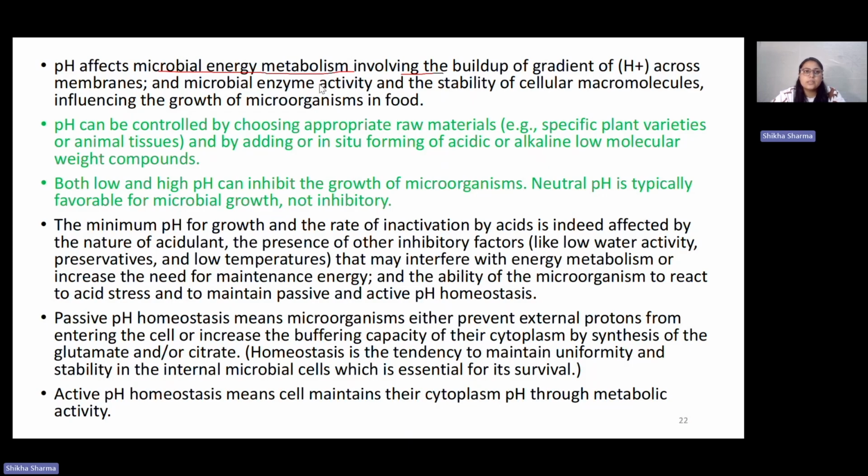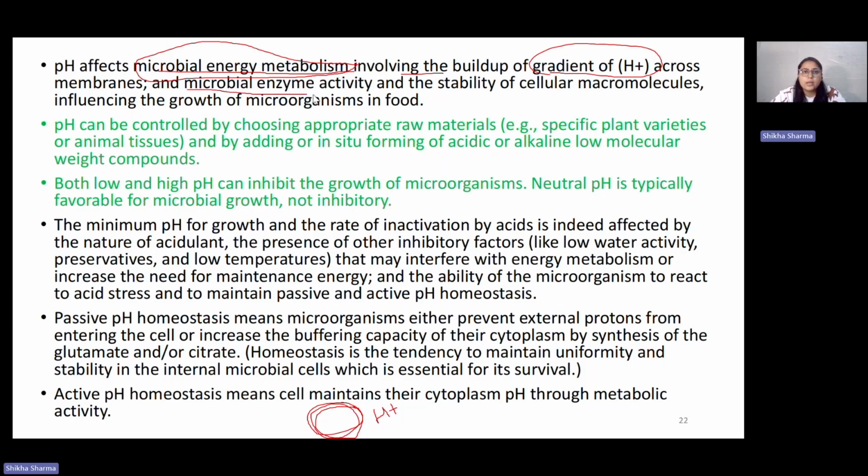So pH affects microbial energy metabolism, involving the buildup of a gradient of H+ across the membrane. Suppose this is a microorganism, and based on the H+ ion concentration outside, the microorganism needs to maintain a stable condition. So some energy of the microorganism will be consumed in this process.